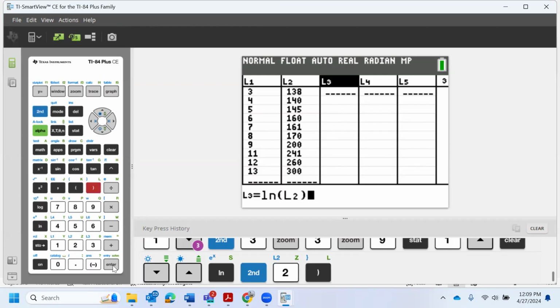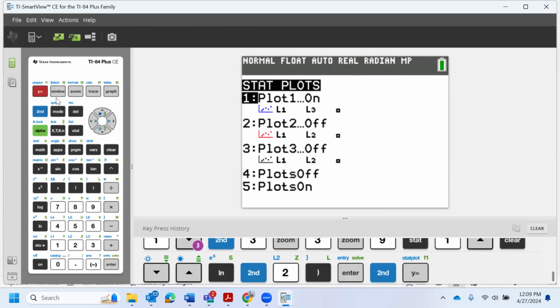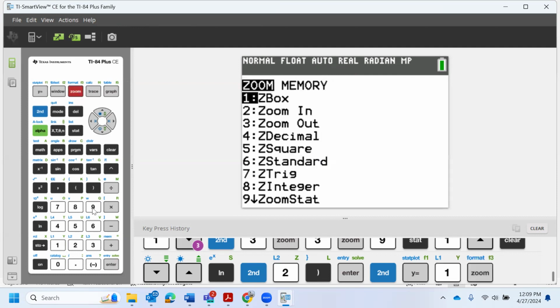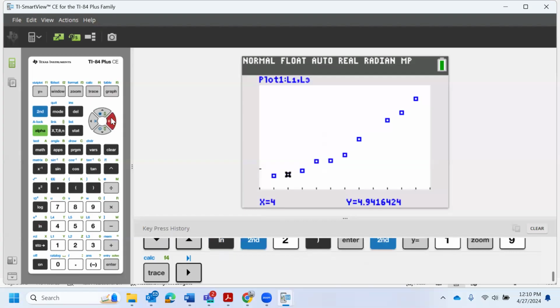All right, so you enter, you get that value. Now you're going to plot your graph. Second y equals, plot 1, and it is already in L3, zoom 9. Is this correct? Yes, correct.